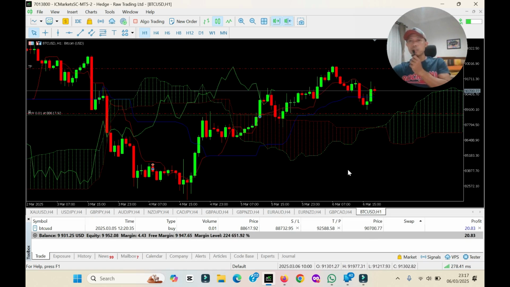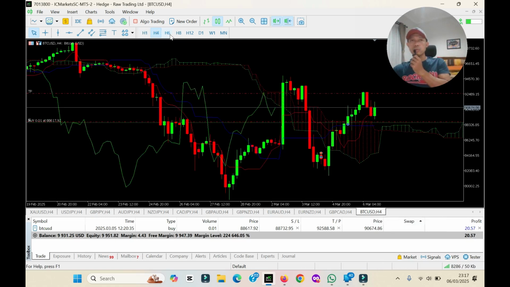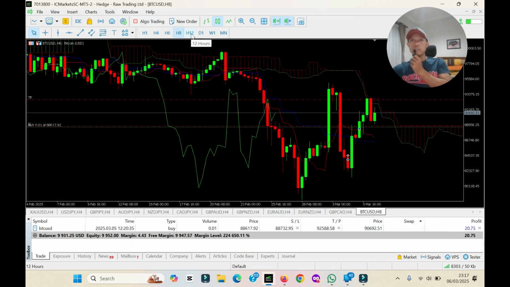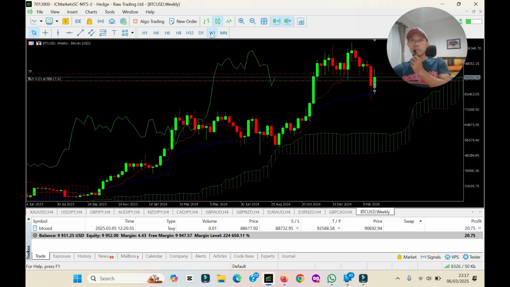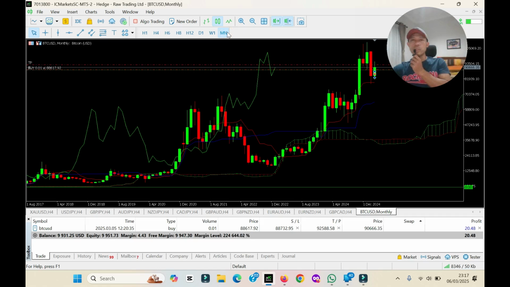I just put it in my chart because I want to know the development of Bitcoin from time to time. I'm trading here only maybe 1 or 2 times when I feel there's a good position, but most of the time I just trade normal forex pairs.